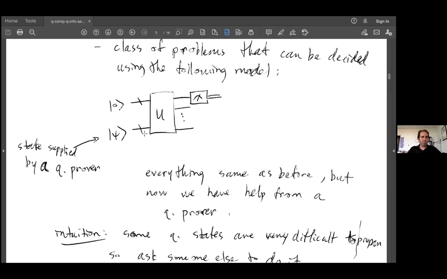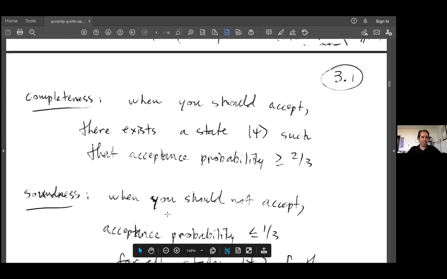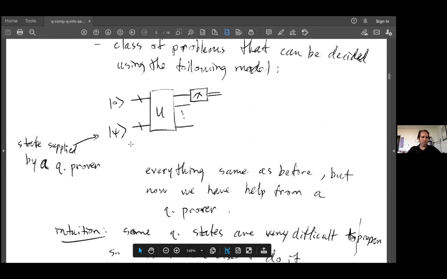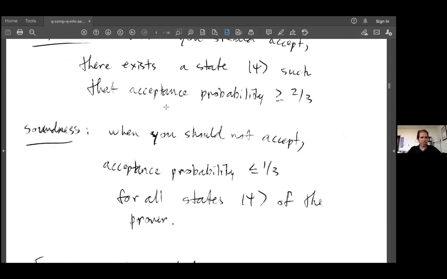This is why the verification is important, why we call the person the verifier. There's a test that you're using to decide whether you should accept or not. In the case that you should not accept, there should not be any state of the prover that should convince you to accept. So that's the soundness, right?